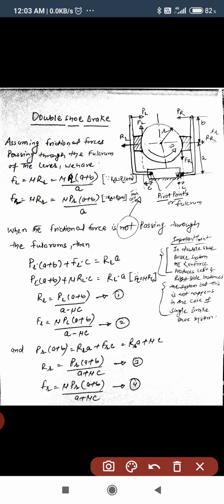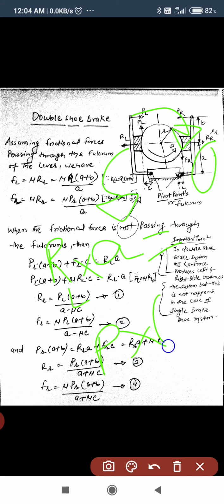And what will happen? Taking moment at point O, that is the fulcrum point, RL is in the anti-clockwise direction and the distance is A, and P is in the clockwise direction, and this P value is A plus B. So what is the value of R?